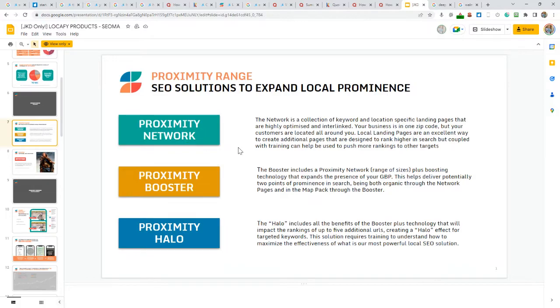Okay, so the way we break these down and make sure you get all of those is first we do a proximity network, which is just a way of talking about a network as a collection of keyword and location specific landing pages that are highly optimized and interlinked. It would be as if Walmart decided that they wanted, wherever I am in the country, to give me a URL on the major Walmart site to a location wherever I am.